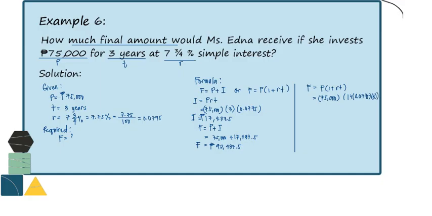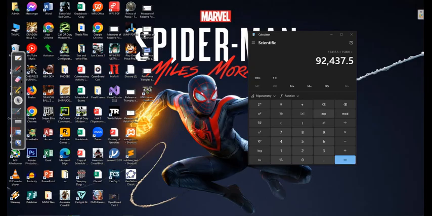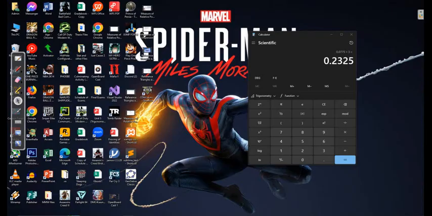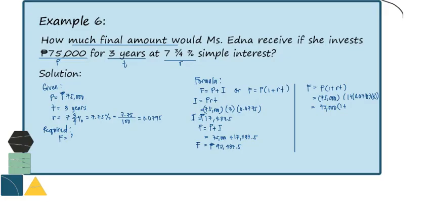So, we do what is in the parentheses first. 0.0775 times 3 first. 0.0775 times 3 is 0.2325, and then plus 1. So if we add 1, that is 1.2325.